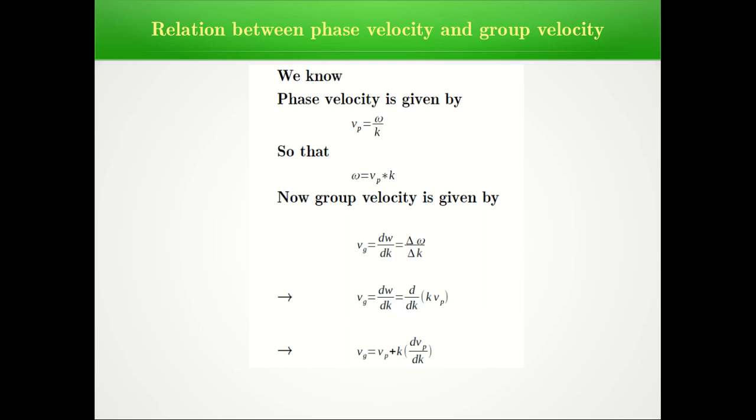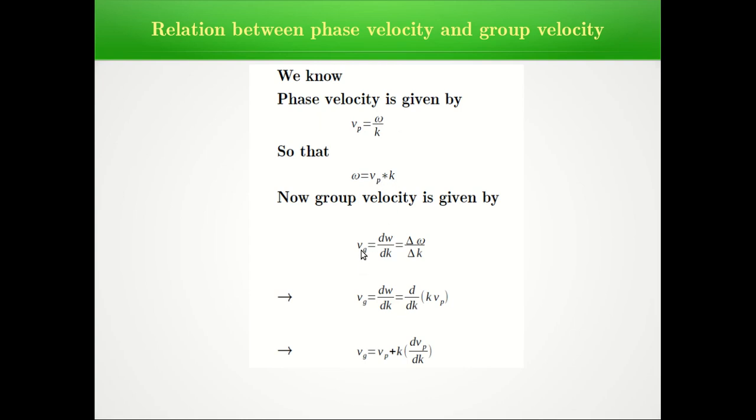Now, once we know the mathematical expression for phase velocity and for group velocity, let us see the relationship between these two velocities. We know the phase velocity is equal to omega by k, so that omega is equal to phase velocity into k.